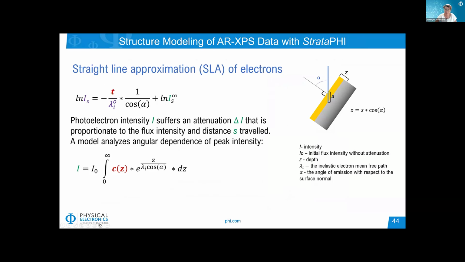So this is what we model in: thickness. But something I would like to bring your attention to is, again, lambda. The accuracy of the thickness will depend on the inelastic mean free path that you use to describe the properties of the electrons as they travel through the overlayer on your sample.